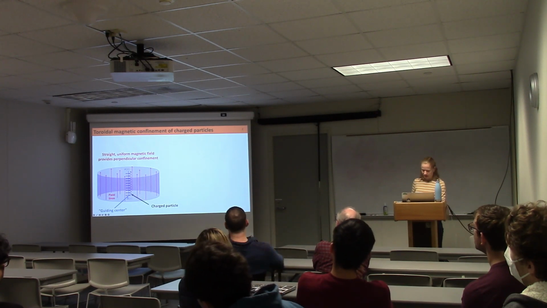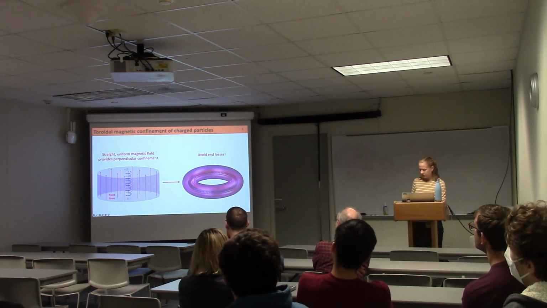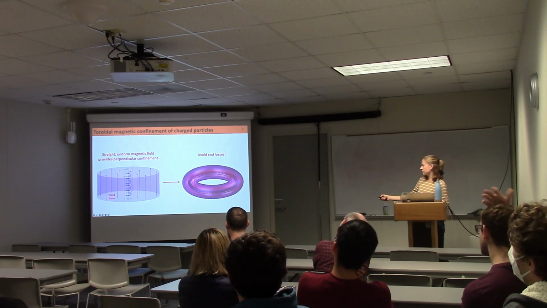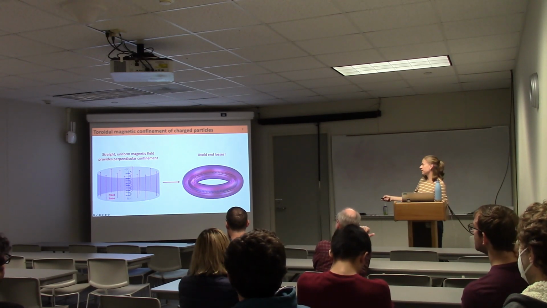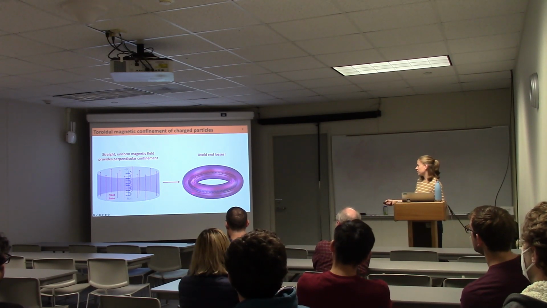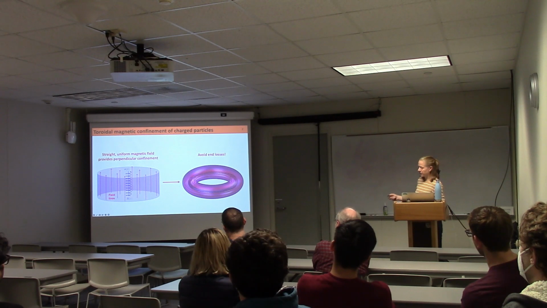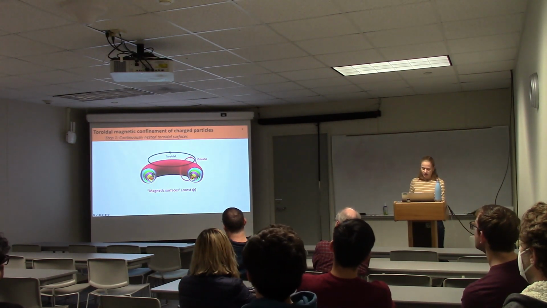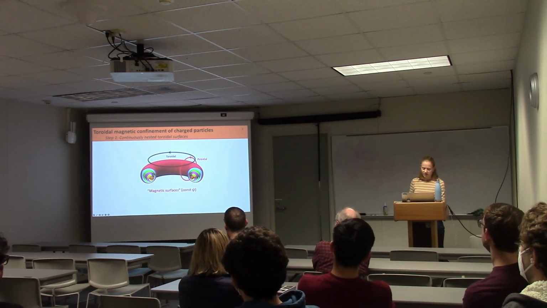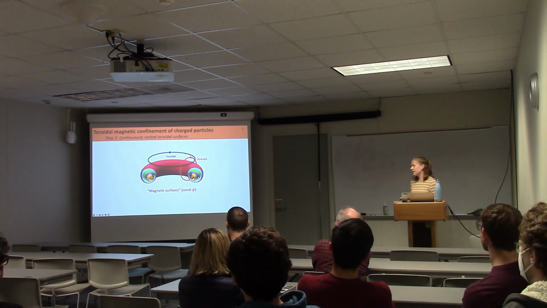And now the slide will advance. Here we go. You can close these field lines into a torus to avoid the end losses. And so you would get gyro motion that gives you confinement of particles. So to lowest order, these guiding centers follow the field lines, and by putting them into a torus, you could avoid the end losses. And so this type of system looks something like the hybrid between an onion and a donut.